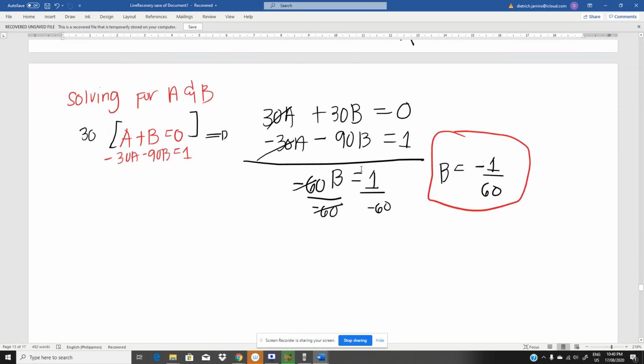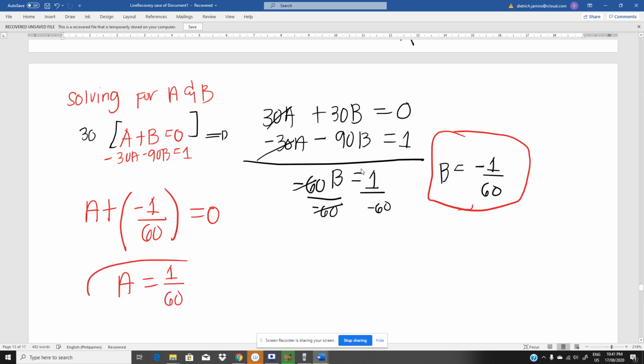And then we will substitute this one into our first equation. So we will have A plus B, our B is equivalent to negative 1 over 60, is equal to 0. Solving for A, so we will have A is equal to 1 over 60.